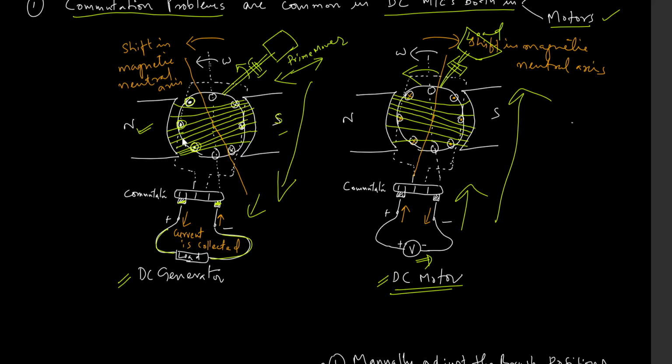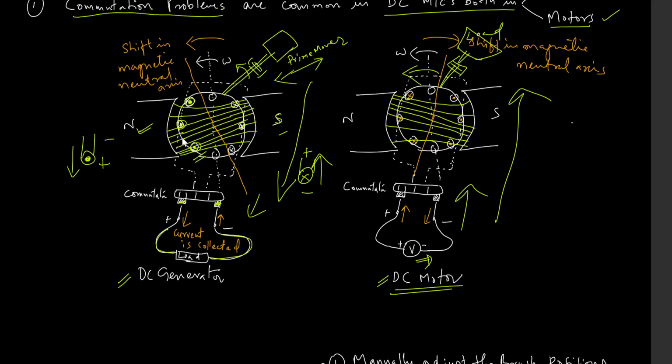Under the north pole we have dots, and dot means the current, the EMF, is coming out of the page, and cross means it is going inside. So these are the current directions in a generator.